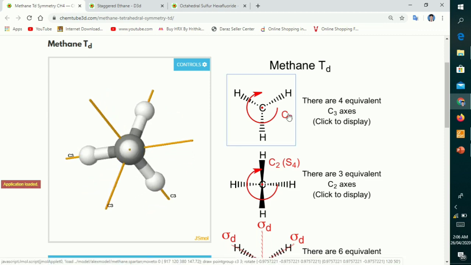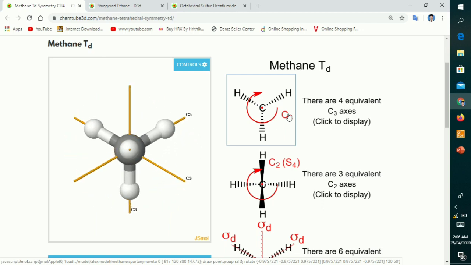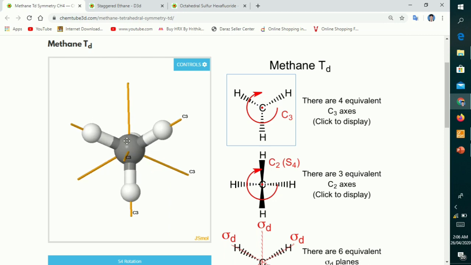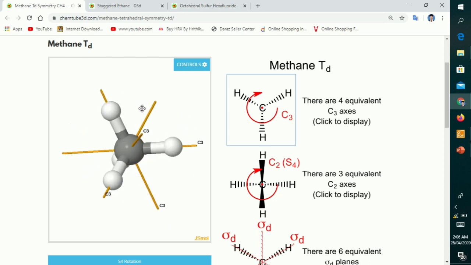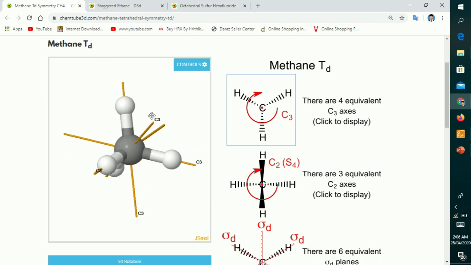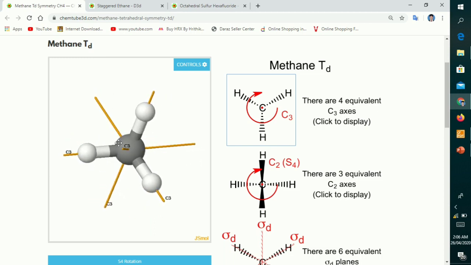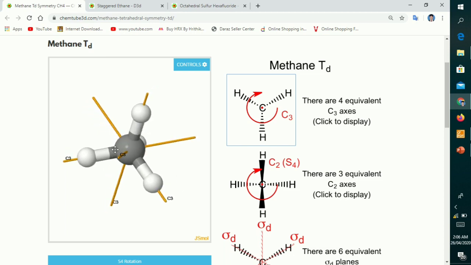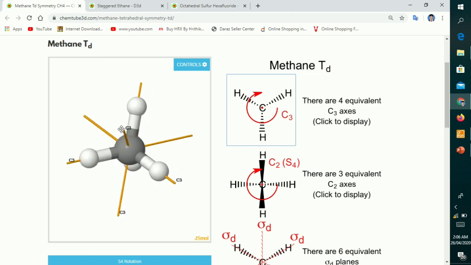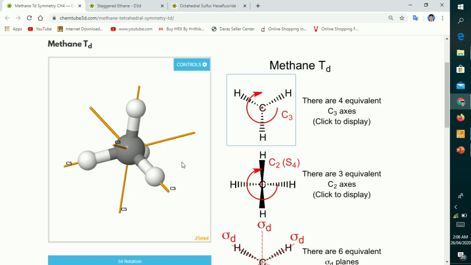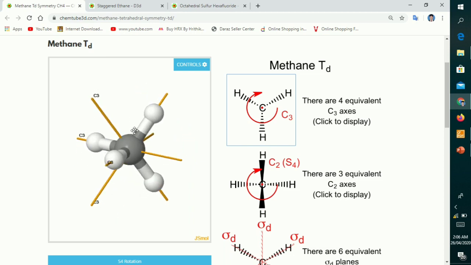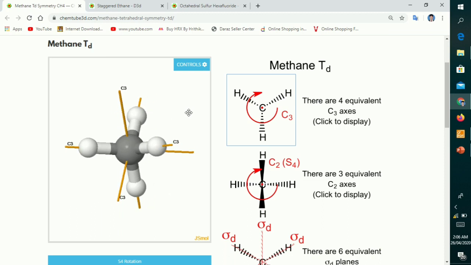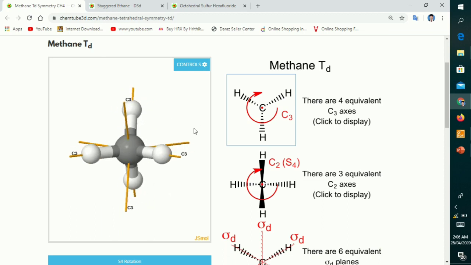Here, these are the C3 rotations that we can find in CH4. Here you can see the C3 axis of rotation. I do believe you can understand quite easily now. These are the C3 axes of rotation in methane.